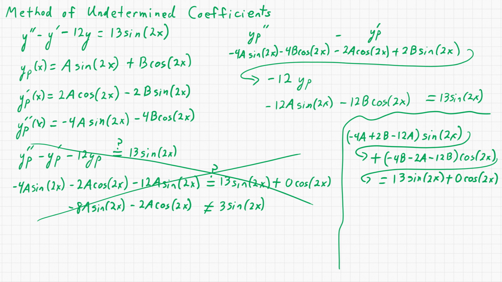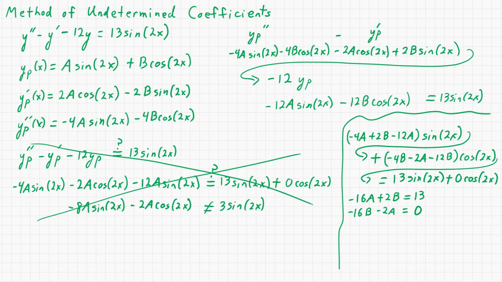All right, so I've got negative 4 minus 12, so that's minus 16a plus 2b. That times sine 2x has to equal 13 sine 2x, so that has to equal 13. I also have, for the cosine, negative 4 minus 12, that'll be negative 16b, and then I have a minus 2a, which has to equal 0.